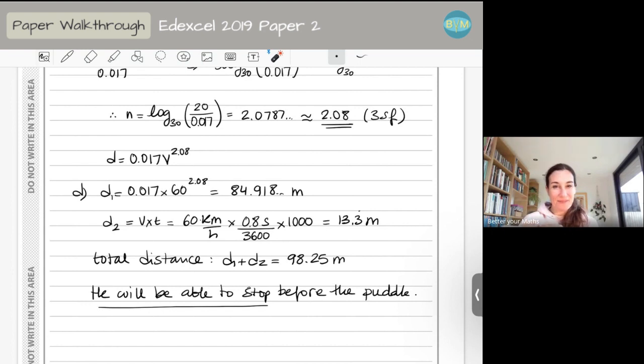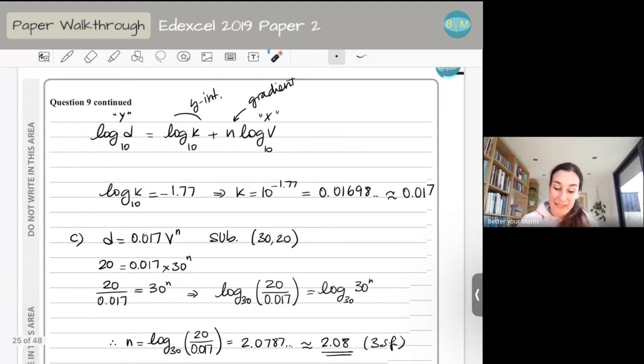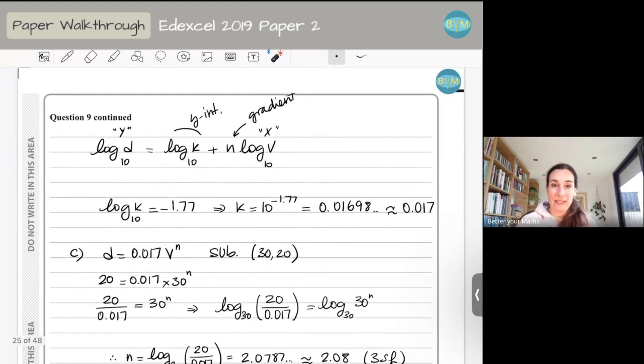Do you understand the question? Do you have questions? Please ask me, and I will go through any bit that you need again. This is one of the difficult ones. I think these exponential and linear models are always a bit complicated.